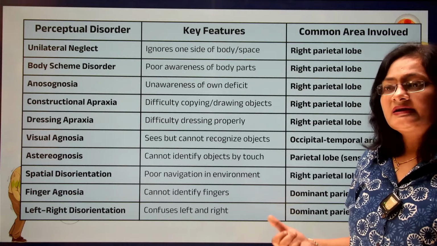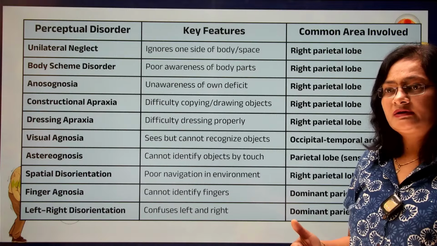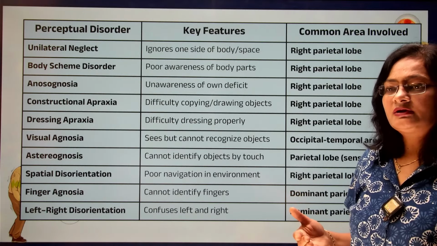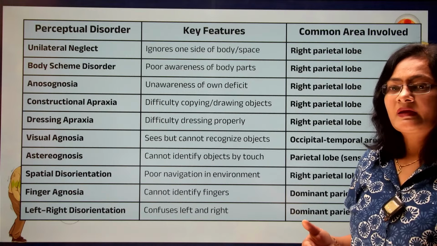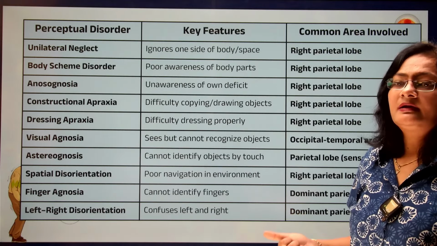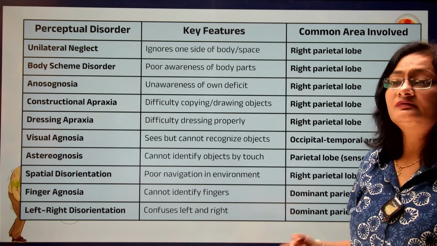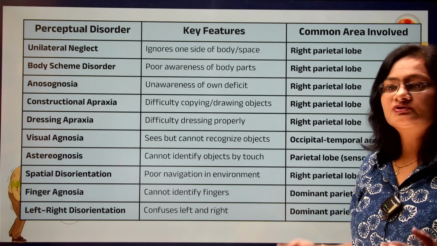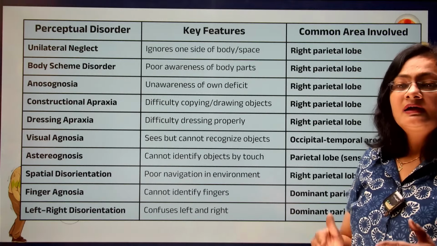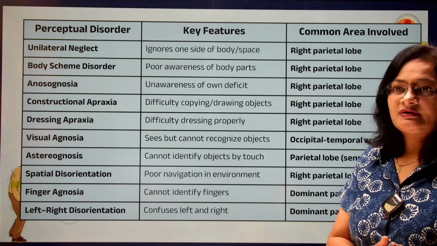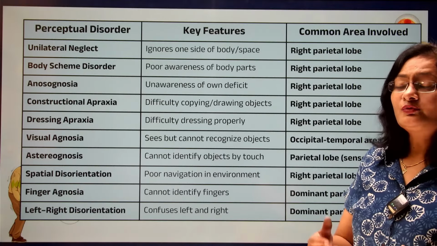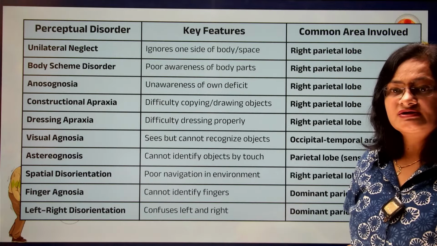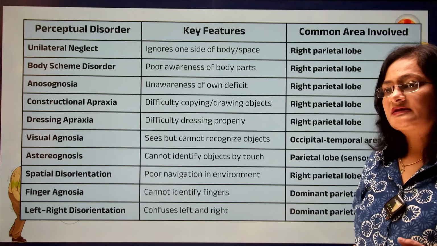Here the right parietal lobe, the non-dominant lobe for the majority of people, will be affected for the majority of perceptual problems. Only finger agnosia and left right discrimination involve the dominant parietal lobe. So you have to remember that the majority of perceptual deficits are due to non-dominant parietal lobe involvement, except finger agnosia and left right discrimination.